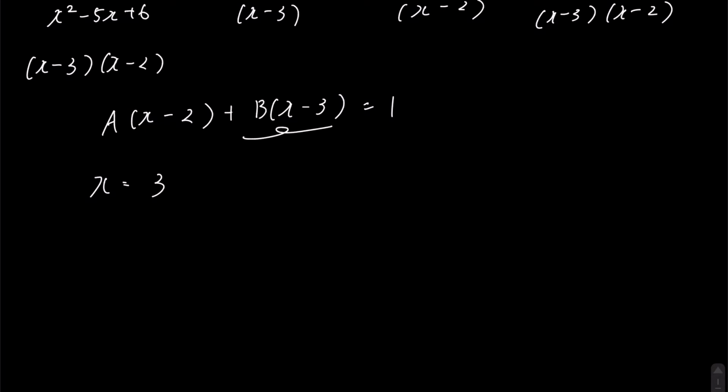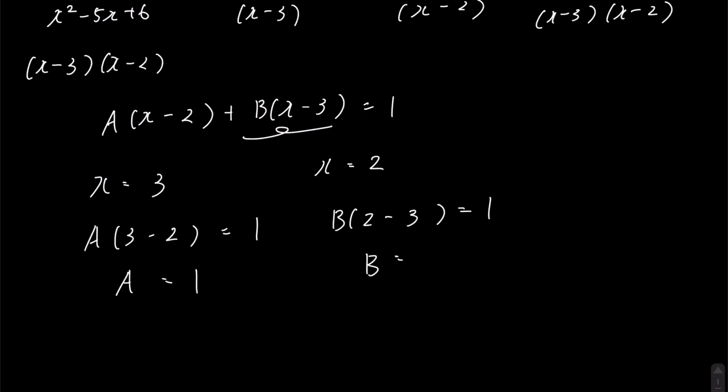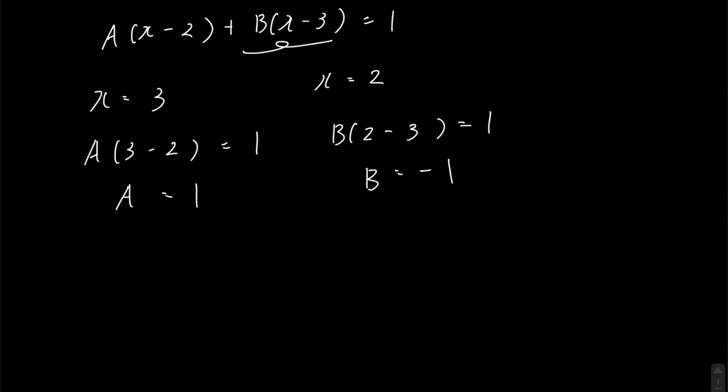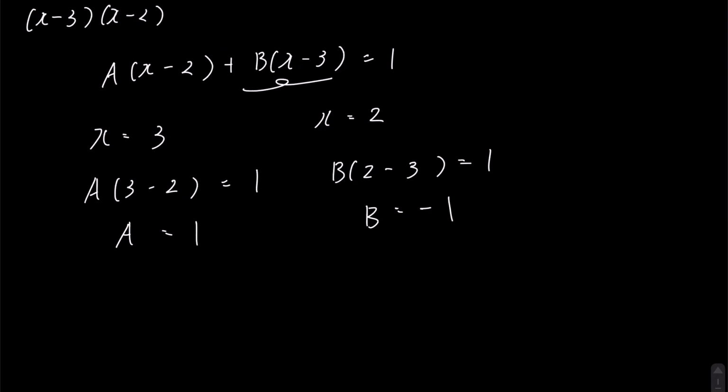So our a will be 1. Next, we find b. Let's make x equal 2, so our b is -1. So we found that a is 1 and b is -1.